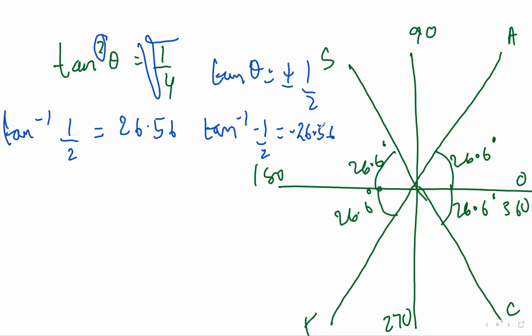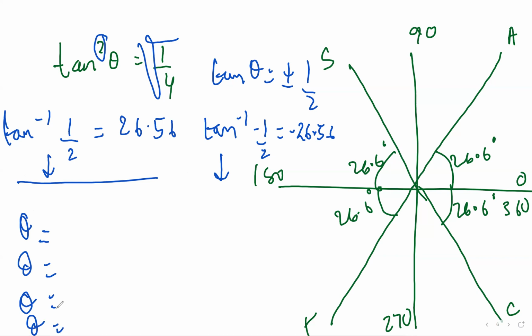I will be focusing on the two tan inverse values. So I will be getting two thetas for this, and another two thetas for the other. First I will be focusing on positive 26.56. As I want tan positive, I will be looking into this and this because I want positive tan.